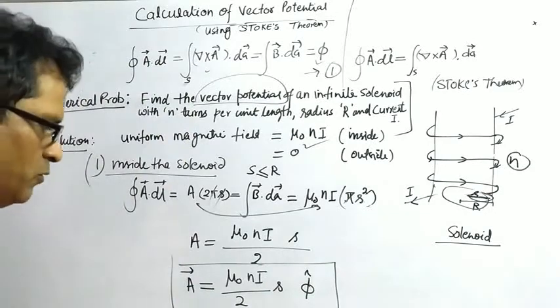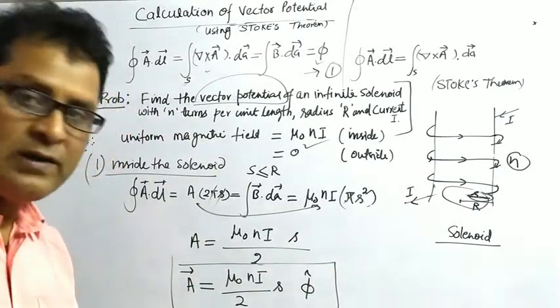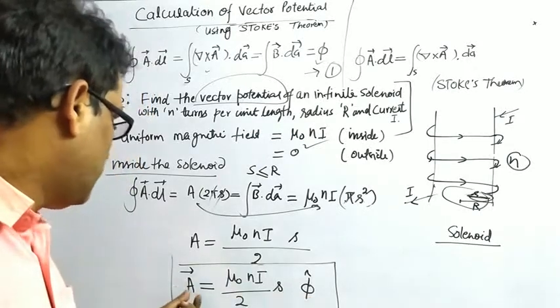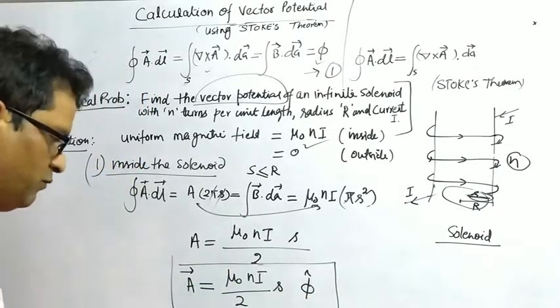So this equation gives you the magnetic vector potential A, where φ cap is a unit vector that gives you the direction of this vector potential.